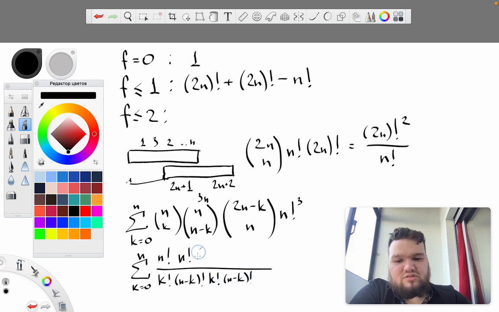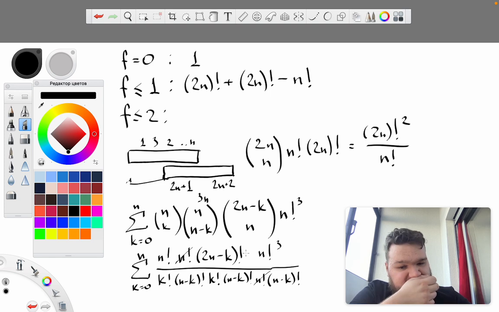Now here it's 2n minus k factorial and n factorial, n minus k factorial here, and n factorial cubed more. Okay, so n factorial to the fourth power can be just moved here, and we will get this divided by all of this.